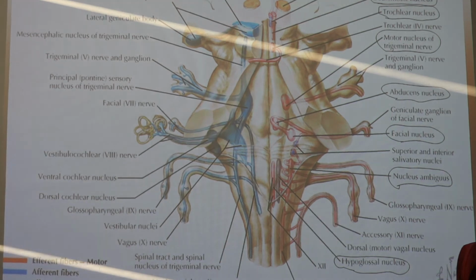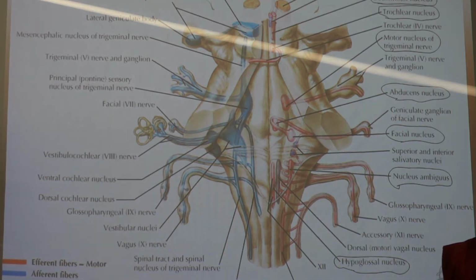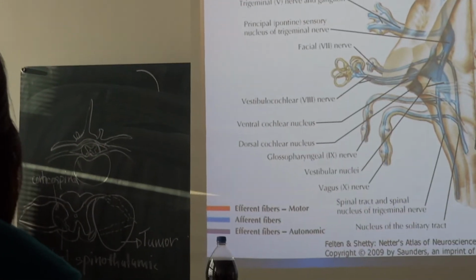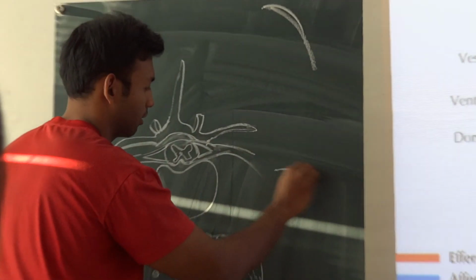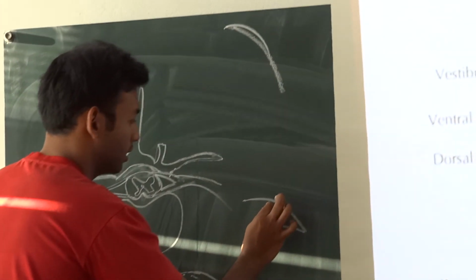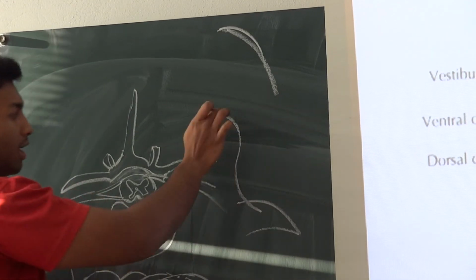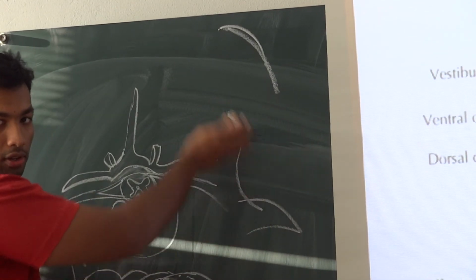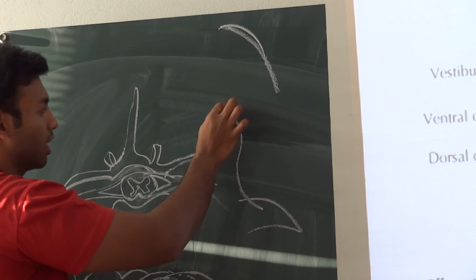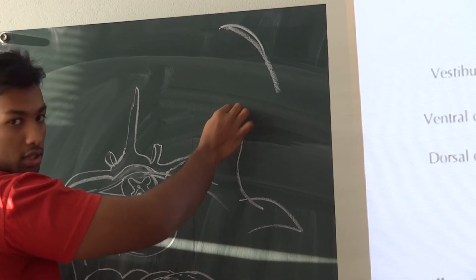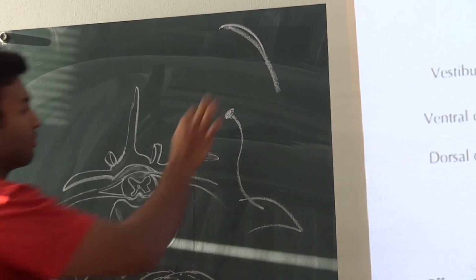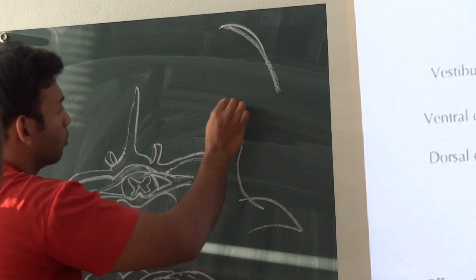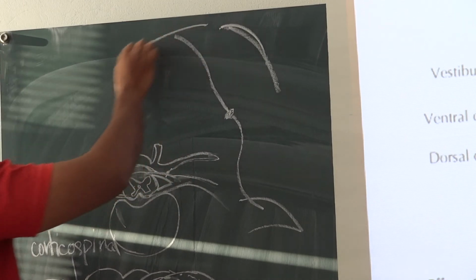I'll draw it for you. I'll draw one nerve and show you. Okay, we'll take the example of the hypoglossal nerve. So this is your tongue. Okay, there's a nerve going to your brain. I'm showing the left brain. Okay, there's a nerve going to your left brainstem, the hypoglossal nerve, to the hypoglossal nucleus. You can understand that. From here, it continues to the motor cortex, but it goes to the right one.